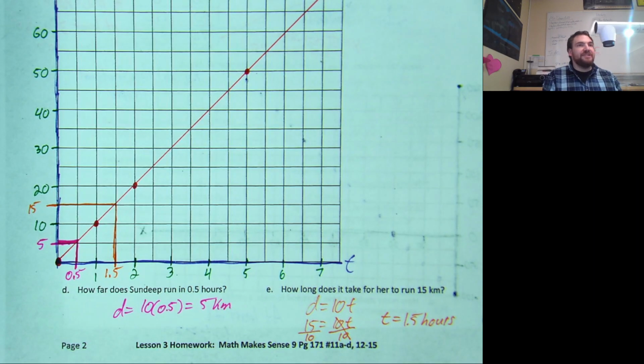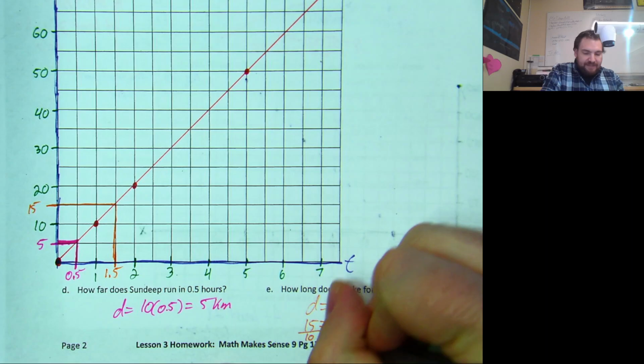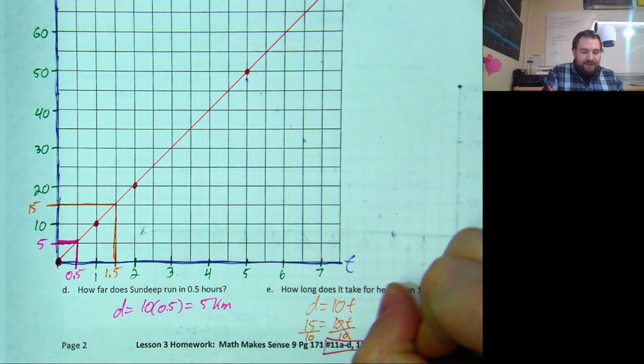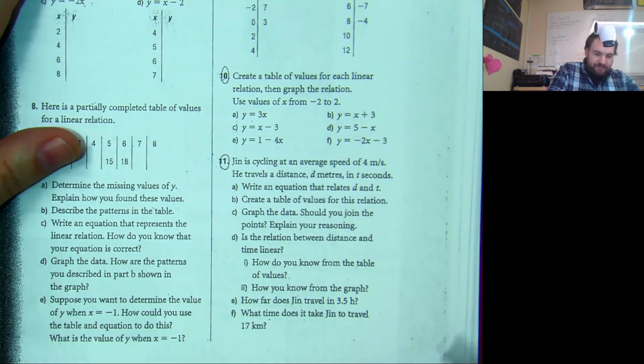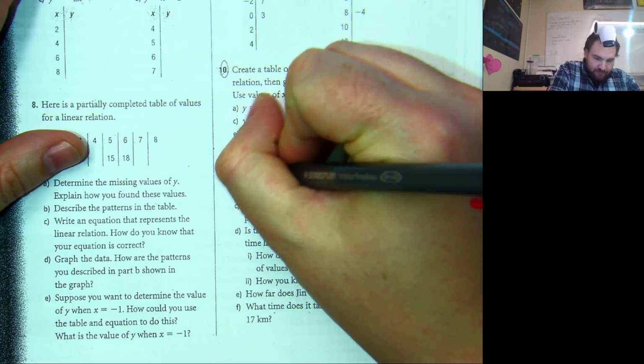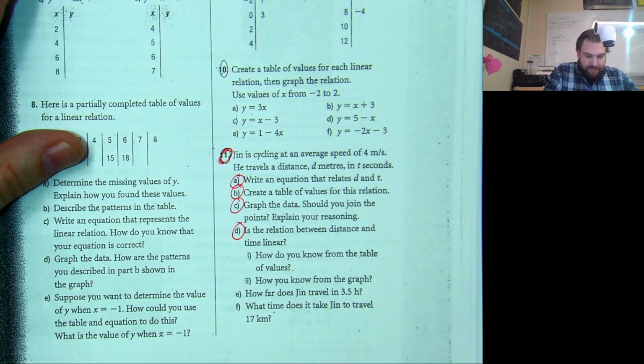Cool? Comments, questions, concerns? If there are none that anyone wants to share publicly, I am assigning this piece here, page 171, 11, A to D, and 12 to 15. You will find these questions here. 11, A to D is right here. I want you to do all of 11. I want you to do E and F as well.